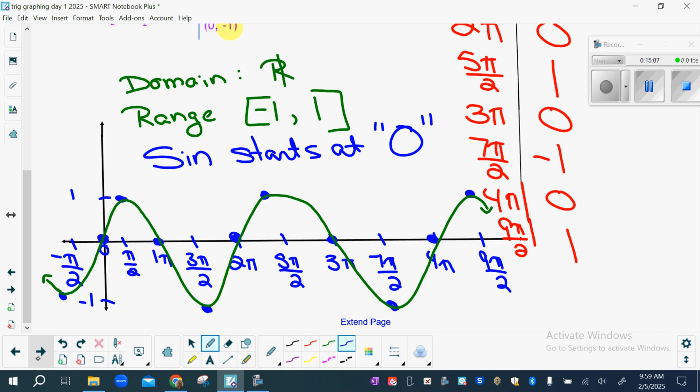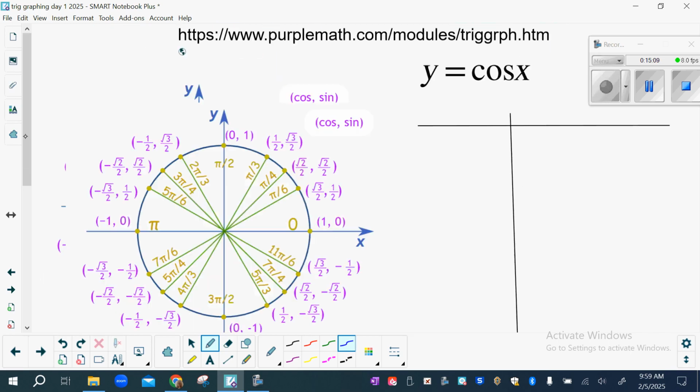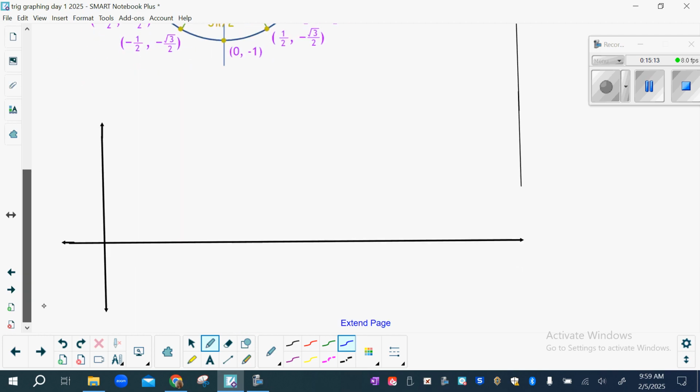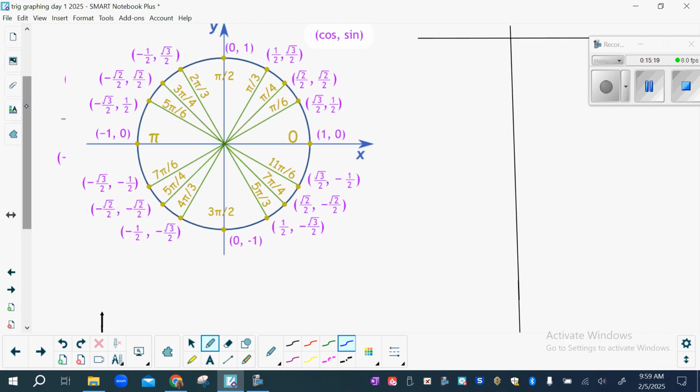Are you ready? Flip your paper over. Here's what I want. I want the chart and I want the graph, but we're going to go much faster this time because we've got the hang of it. So I'm going to highlight what I want. Here we go.